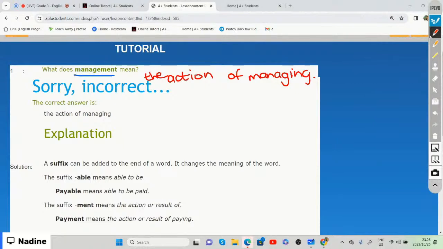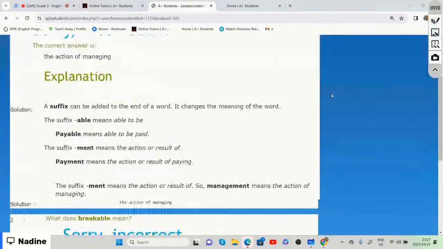You are managing your business, you are managing your life. We have management systems in place at our workplaces, at schools. They even say our parents are the managers at home because they manage everything. It's the action of managing everything within the household. That is management, the action of managing.